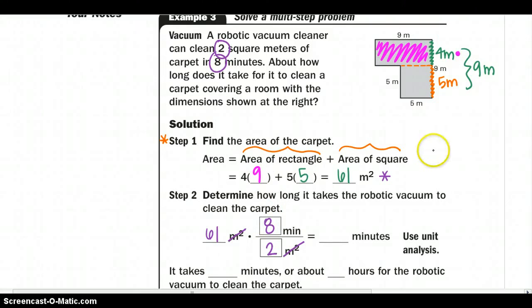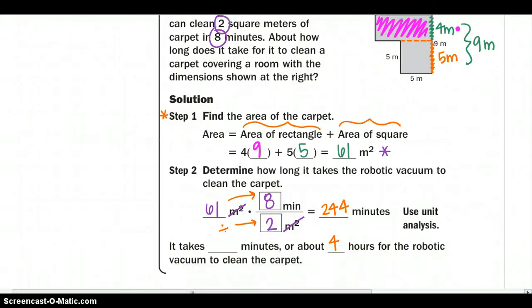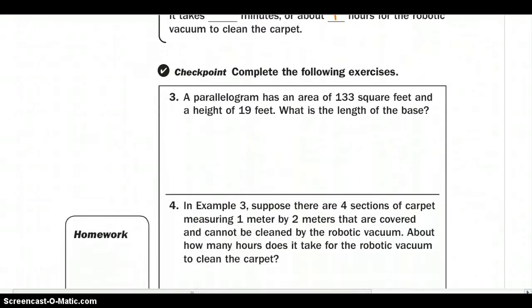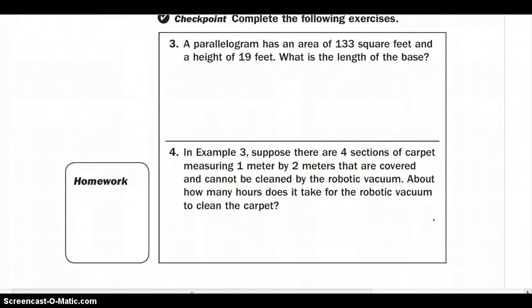So how long will it take? I'm going to do my top divided by my bottom, and I would get 244 minutes, which would be 4 hours. Go ahead and do your checkpoints 3 and 4. Your answers will be 7 feet and about 3.5 hours.